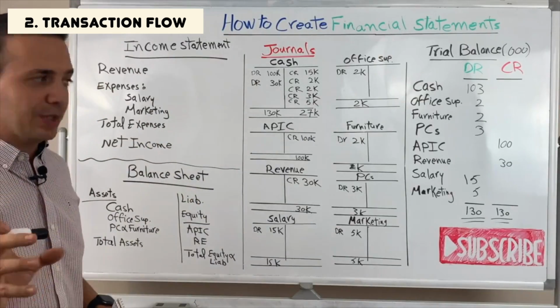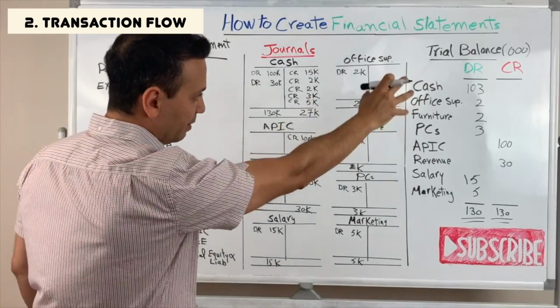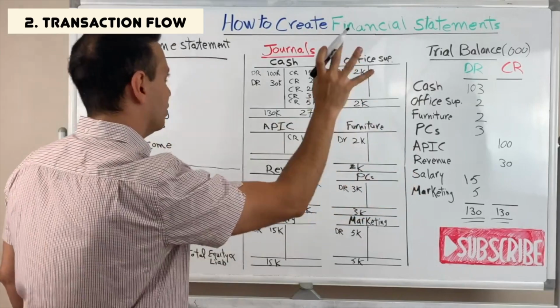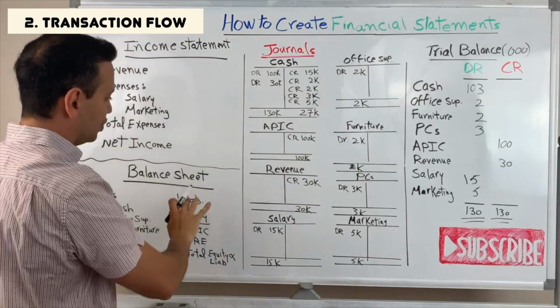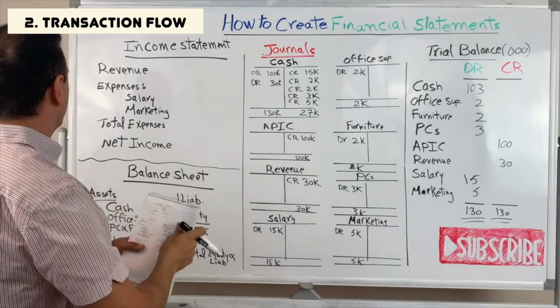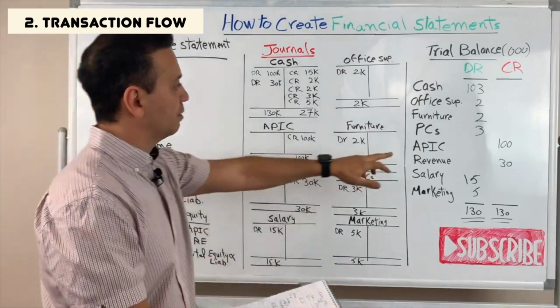So now what we'll do is we'll take the balances from the trial balance that we made sure that a balance is there, and we'll take the balances and summarize them in terms of income statement and balance sheet. So basically what we'll look at here is revenue. So what's our revenue here from the trial balance?